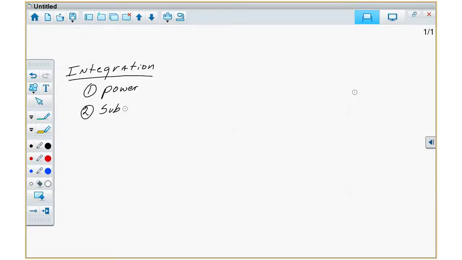That's where you have u, du, and you put something here, like a 2 here and a 1/2 here. You remember doing that back when we first learned how to do this integration? That's basic substitution. And then the third, we learned how to do integration by what?